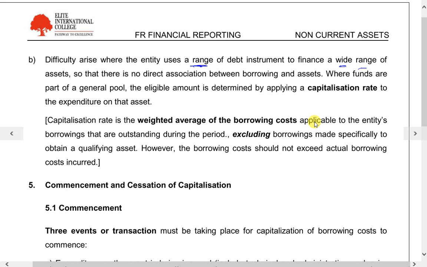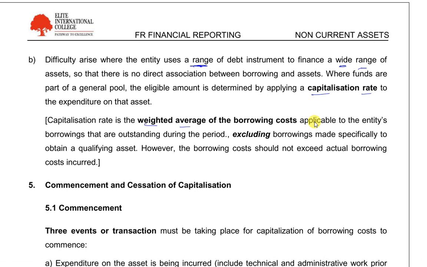If you use a range of these to finance a wide range of qualifying assets, so that there's no direct association between a loan and a qualifying asset, then we use the capitalization rate, which is the weighted average. Weighted average. No need to net off; it's only for specifically borrowed funds. Okay.